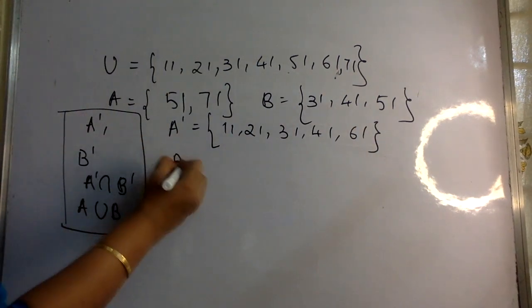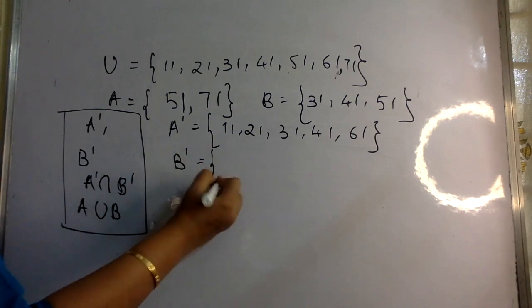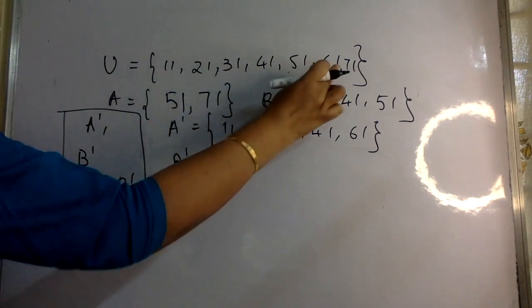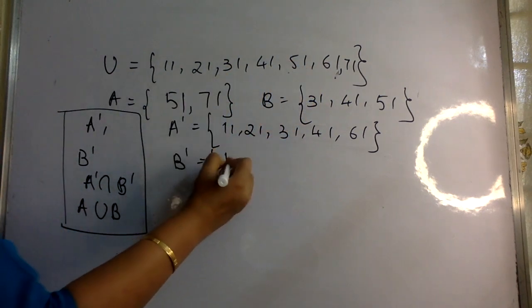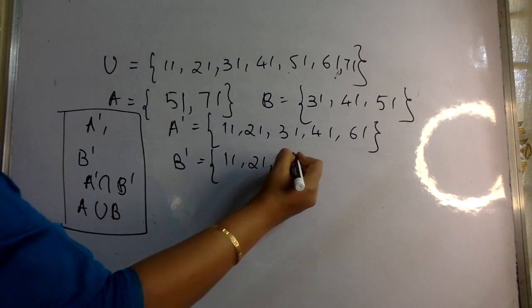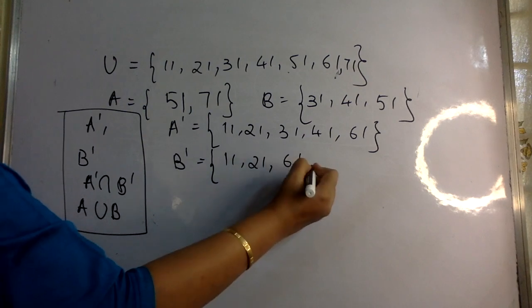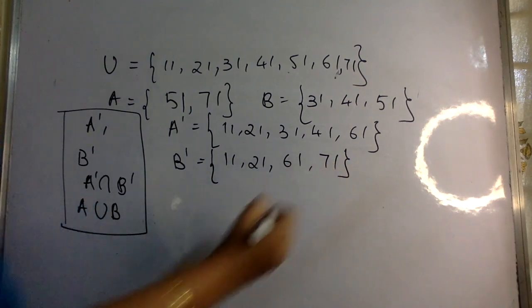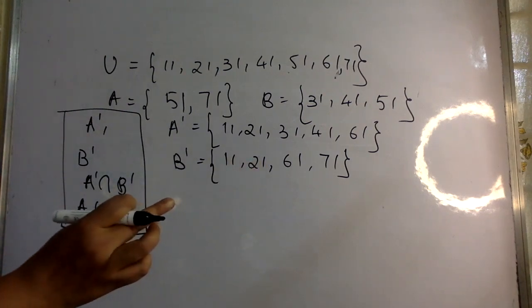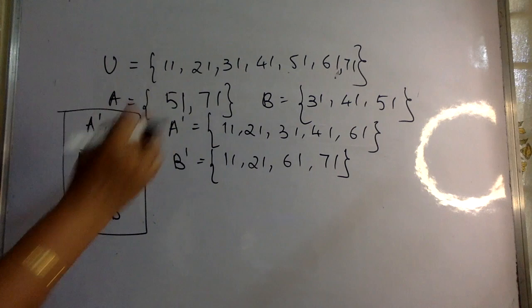B complement is now, 31, 41, 51 will be left out, and the rest 11, 21, 61 and 71. So I have 11, 21, 61, 71. These are the ones for B complement.